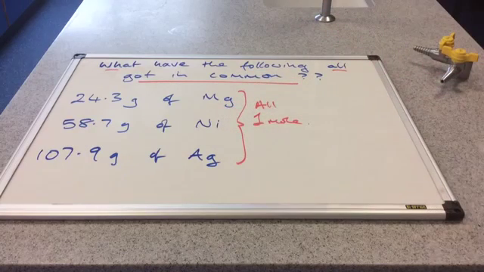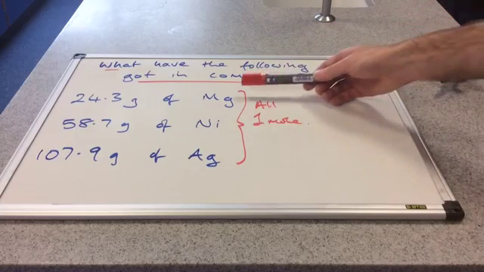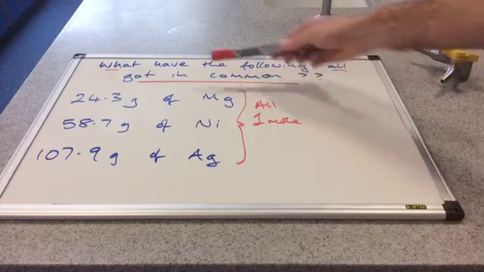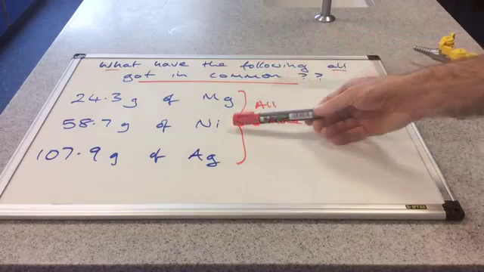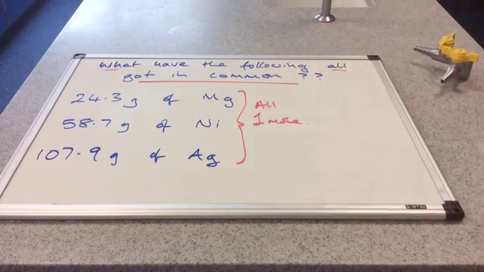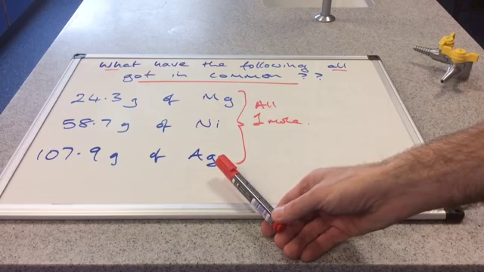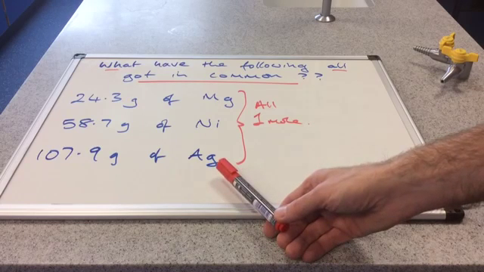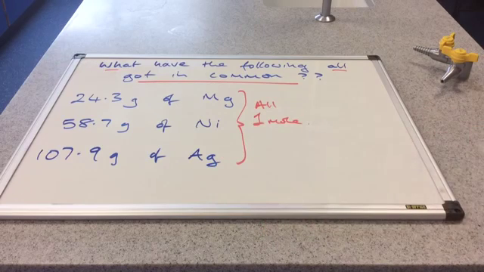So we would have Avogadro's number of magnesium atoms in there. In the 58.7 grams of nickel, we'd have Avogadro's number of nickel atoms. And in the 107.9 grams of silver, we'd have Avogadro's number of silver atoms.